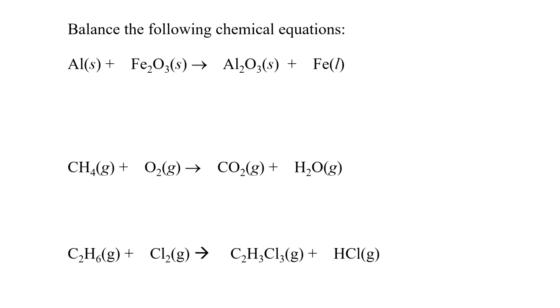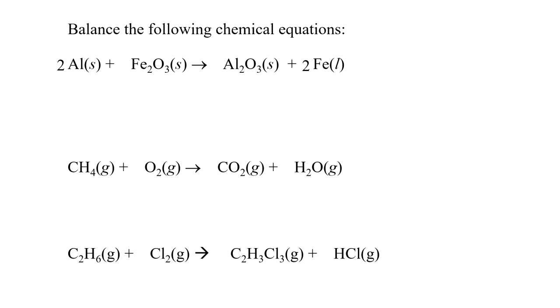And for the iron we've got 2 on the left hand side and 1 on the right, so we're going to need a 2 in the front of the 1 on the right hand side. The oxygens are already balanced at 3 on each side. So here's our balanced equation, 2, 1, 1, 2. And if there's a 1 in front, we typically will leave it off, because if we don't have anything there, we know it's a 1.